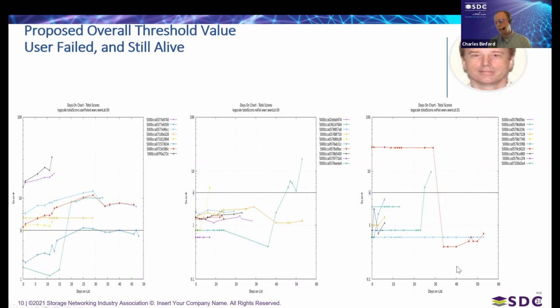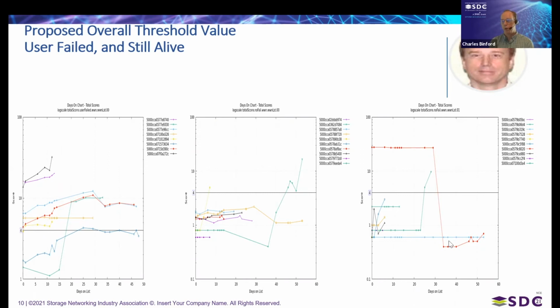Then once that burst of errors, which happened a month or 2 before we started this monitoring process, aged out, the score went down. And so that drive continued to survive because it's the exception. Most of the time, once the drive started getting errors, it basically kept getting errors.